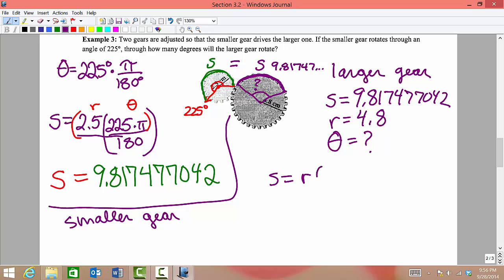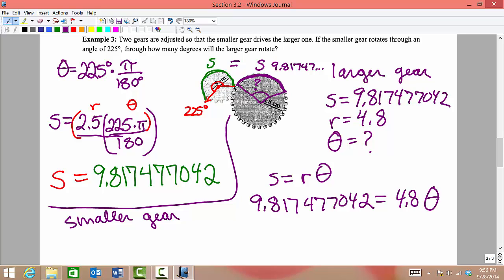So we know that S is equal to r theta, and our S is already in our calculator. We're going to leave it in our calculator, saves time there, and we're going to solve our equation here for theta. So plugging in our information for S and for r, we're going to divide both sides of our equation by r.